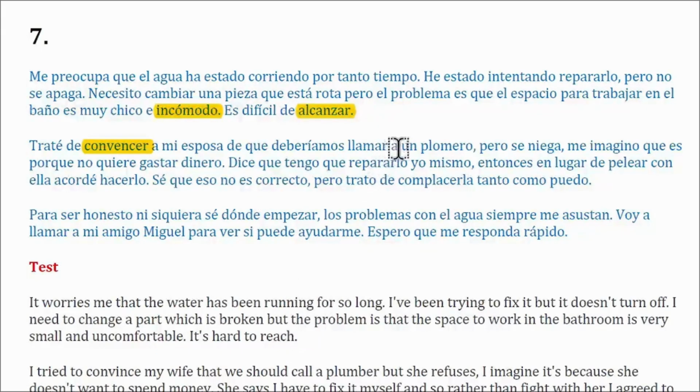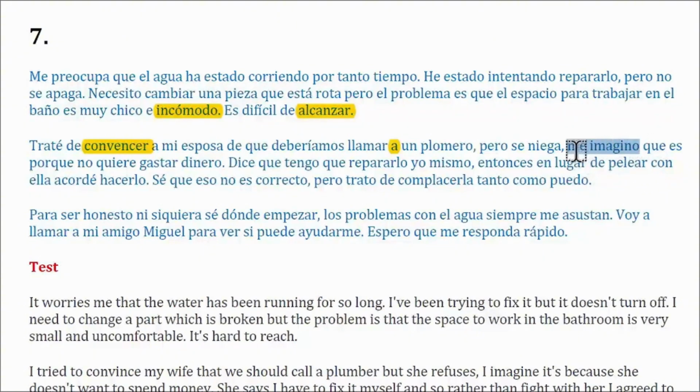Here we have again the personal a, that we should call a plumber. Pero se niega, she refuses. Notice how this is reflexive in Spanish. To refuse something is negarse. So we have pero se niega. She refuses herself. Me imagino.